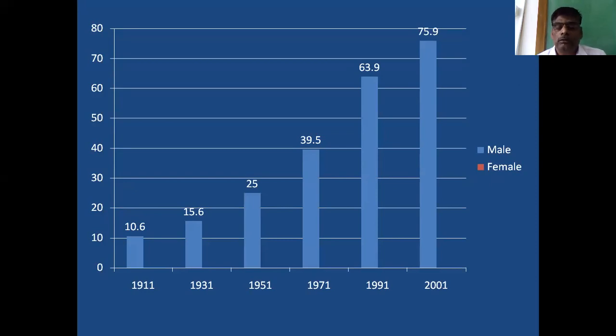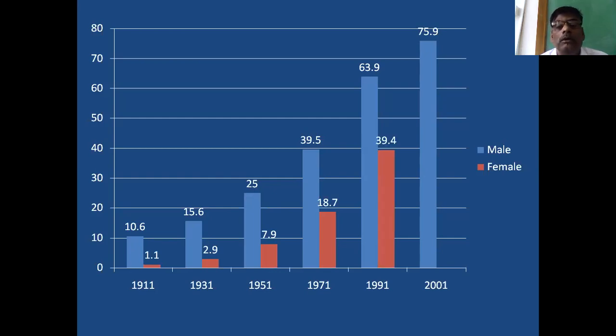Beside this, I will create the female literacy percentage bar. This is the female literacy percentage for 1911, only 1.1%. 1931 is 2.9%. 1951, 7.9%. 1971, 18.7%. 1991, 39.4%.